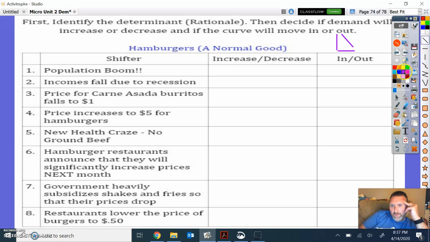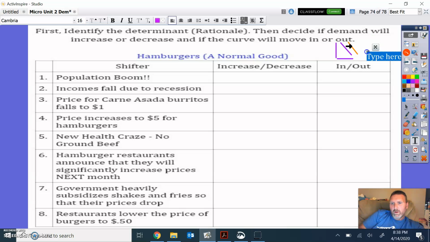Pick a new color here, orange. We want to draw the new curve if it's moving out. And then we want to be able to draw an arrow. Here's our arrow. And then we want to be able to say the curve is moving out. So I'm not making you draw the curve here. I just want to know, is a curve moving in or out?